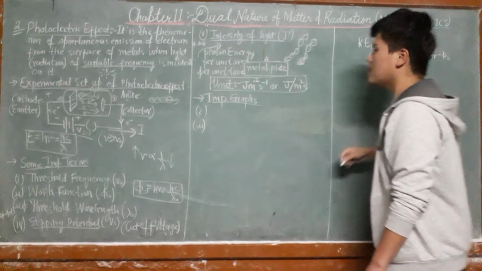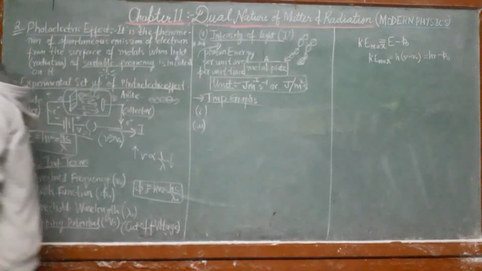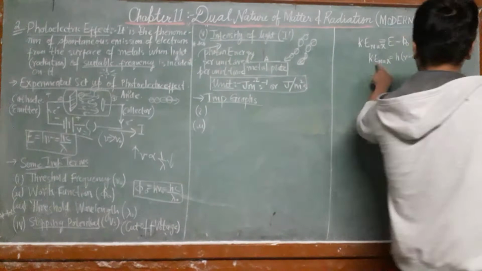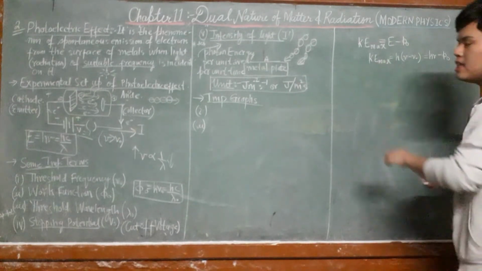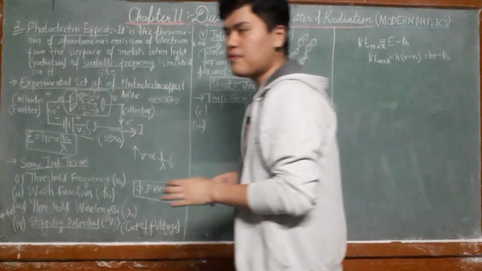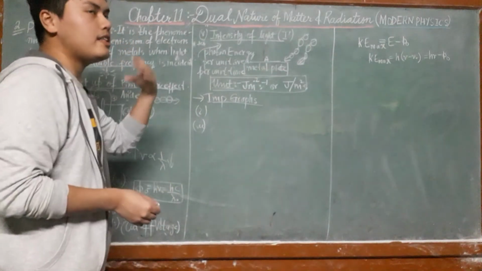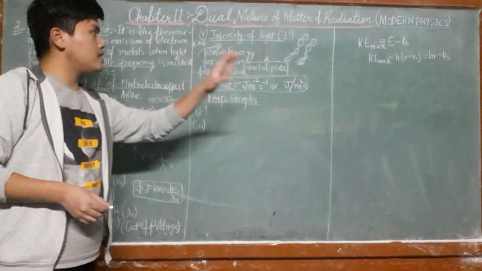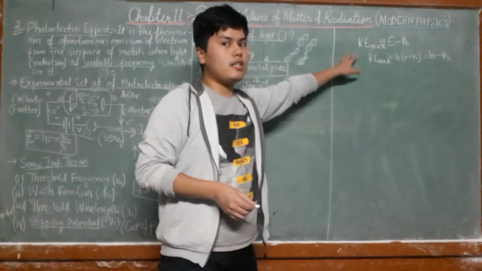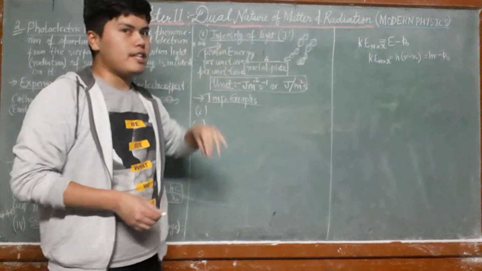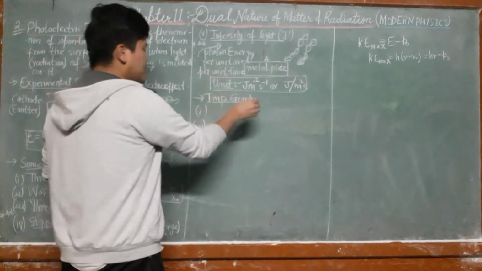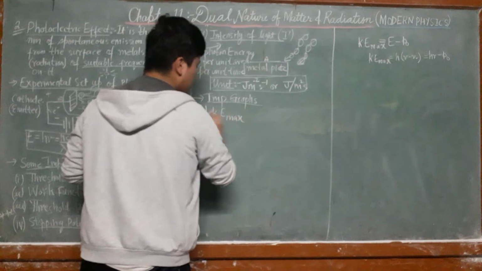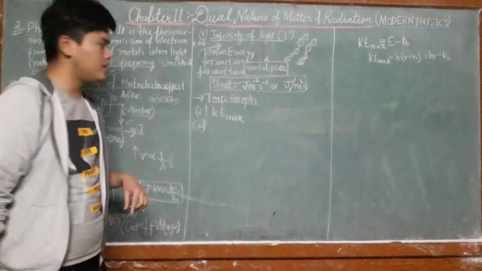The kinetic energy of the electrons is the remaining energy after the work function phi naught is consumed. That remaining energy is the kinetic energy with which electrons are emitted.